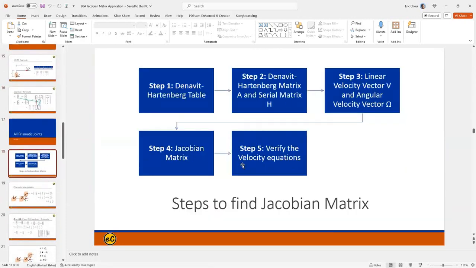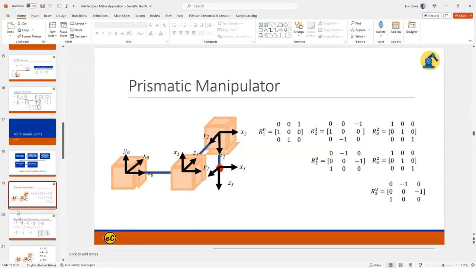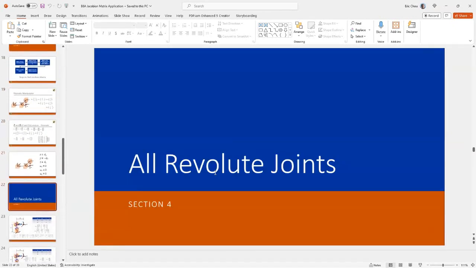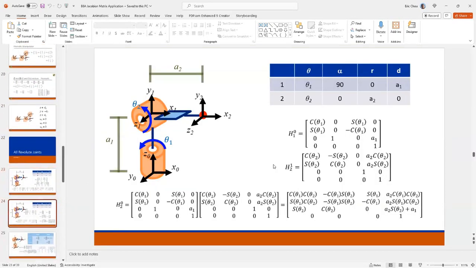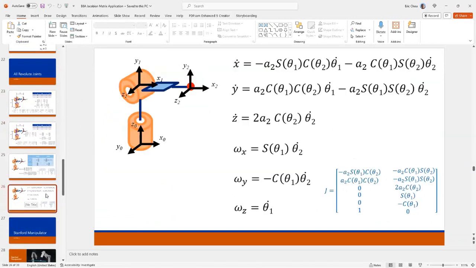And then it's also possible that your joints are all prismatic joints, and we derive some equations for it. And also possible you may have all revolute joints. We also derive the equation for each one. Every single one is very complicated, so we can only quickly go over.